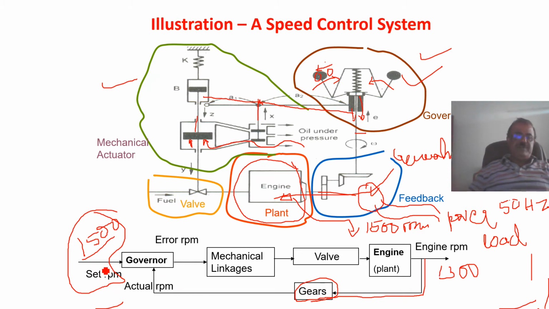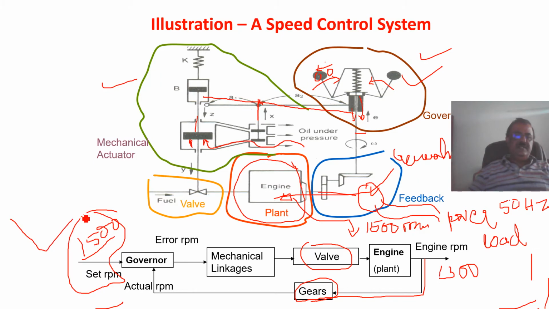The set position of the fly balls and the new position of the fly balls give you the difference, which is what you call the error. Based on that, the sleeve of the governor operates these mechanical linkages, and these in turn operate this valve, vary the fuel flow and control the engine speed. This is what you can call a speed control system.